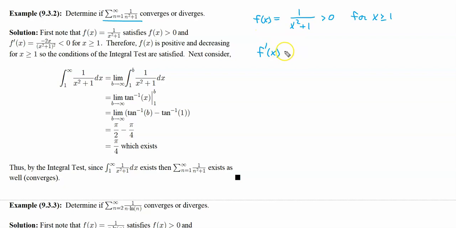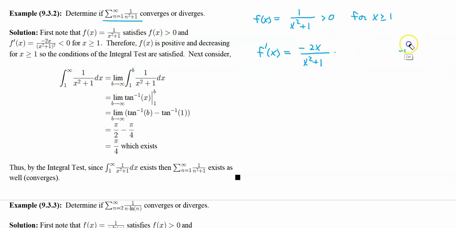Well, if we take the derivative of this function, you can verify that using the quotient rule. You'll get this. So this is the derivative using the quotient rule, or you could use the chain rule if you think of this as x squared plus 1 to the negative 1 power. You could use the chain rule here and you'll get this.